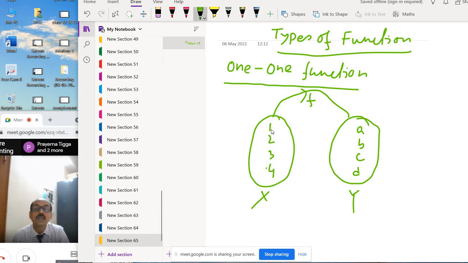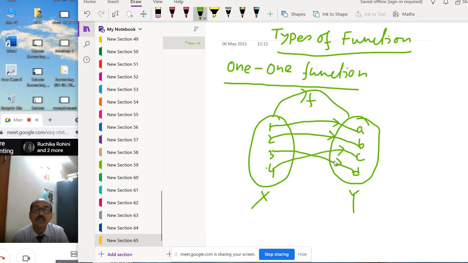So take that, 1 to a, 2 to b, 3 to d, 4 to c. Okay, see, distinct elements of X means separate elements, distinct elements of X under f.